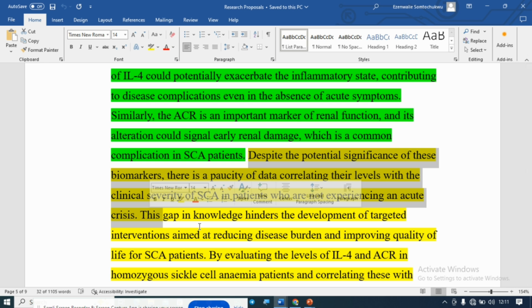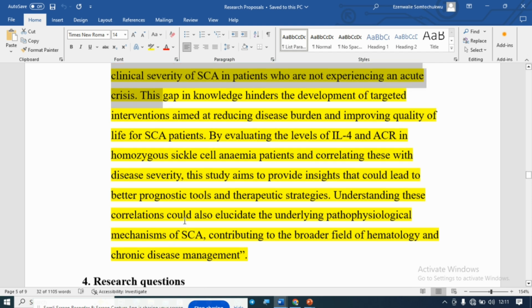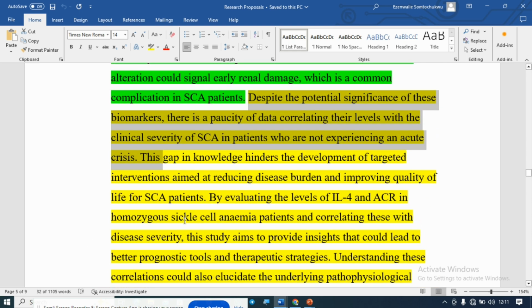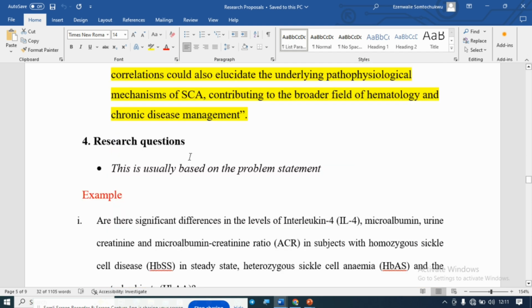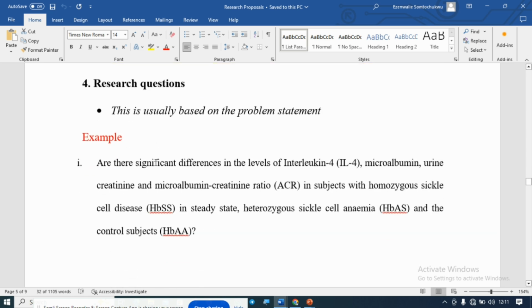That's the argument. There should be a sharp contrast. Okay, that's what a statement of problem should be. There should be a sharp contrast between the previous work and your current study. If there is no sharp contrast, then that's not a statement of problem.